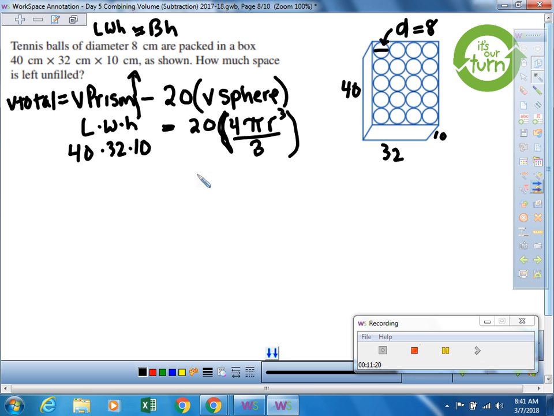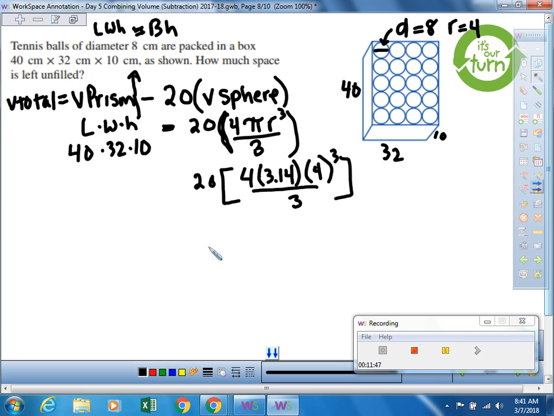So this would be 20 times 4 times 3.14 times, what is my radius of my sphere? 4, right? Because the diameter is 8. So 4 cubed over 3. After I find this, then I'm going to multiply times 20. Don't multiply times 20 first. Multiply times 20 after you find this.